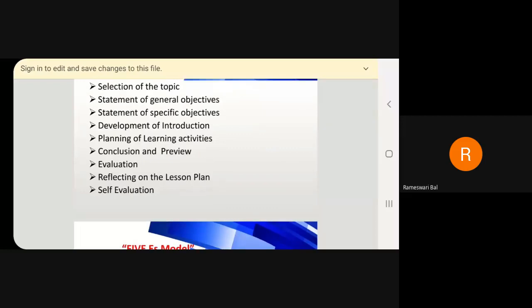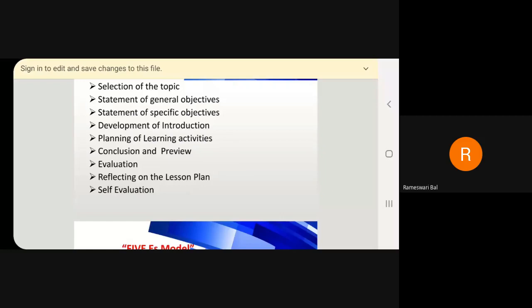So we are asking questions at the time of explaining, conducting an activity, or showing the teaching learning material, to know their level, and that is known as the formative assessment.